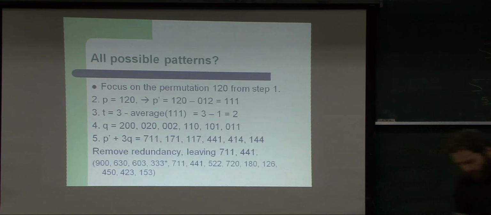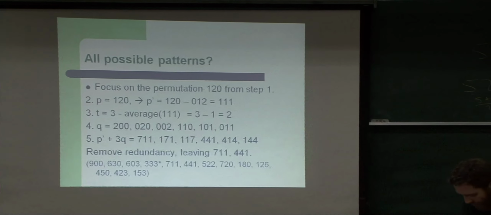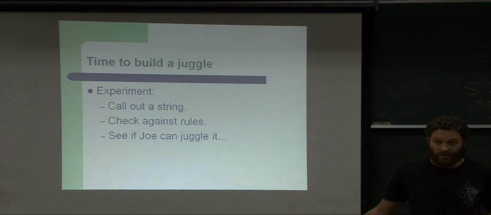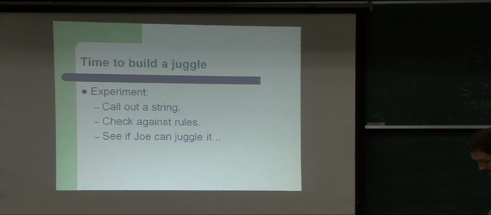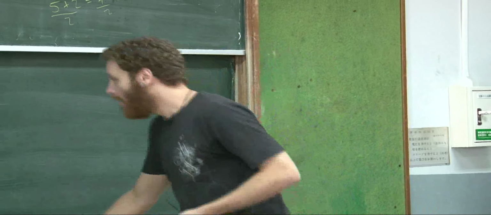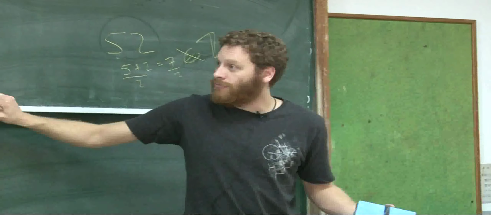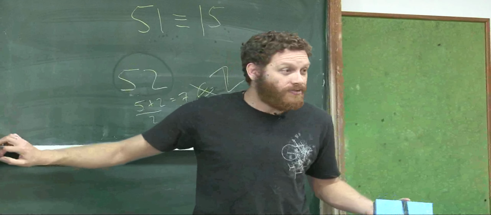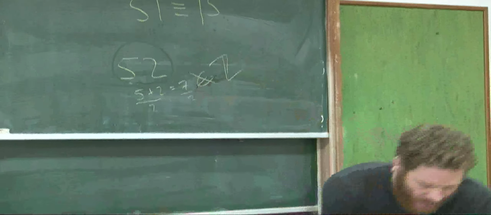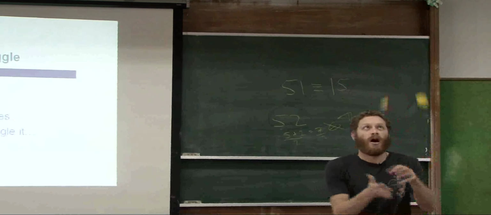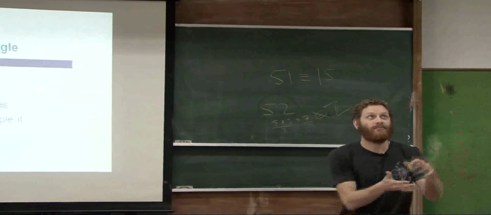So anyway, there's a way of generating some patterns. Now, as a juggler, I always like to learn new patterns. In fact, the baby juggling one that I showed you, I've only recently learnt that pattern.